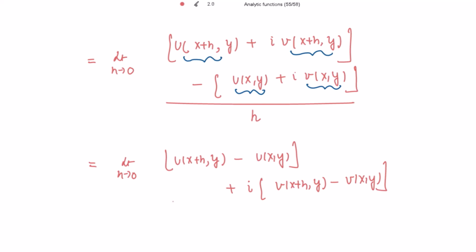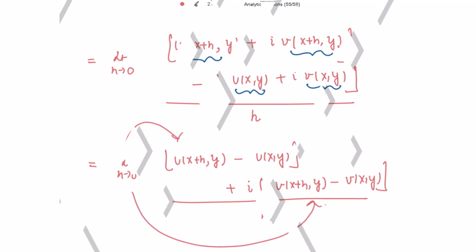Divided by h. And now taking the limits on the first term and the second term separately. So this is equal to the limit as h tends to 0 on the first term plus i times the limit as h tends to 0 on the second term.